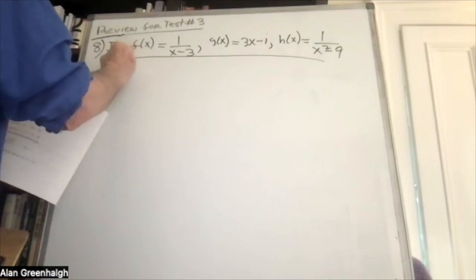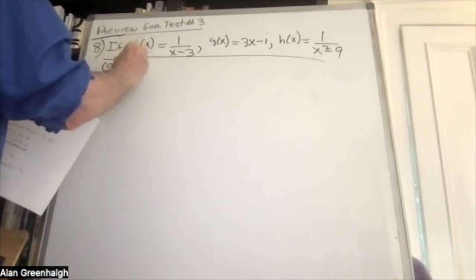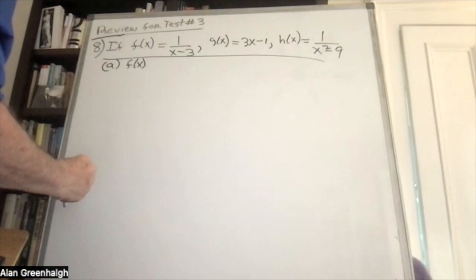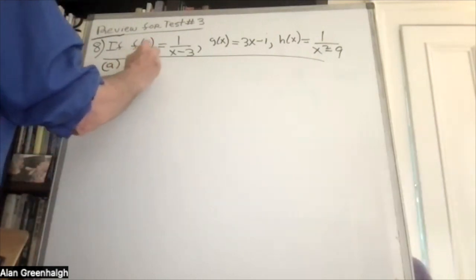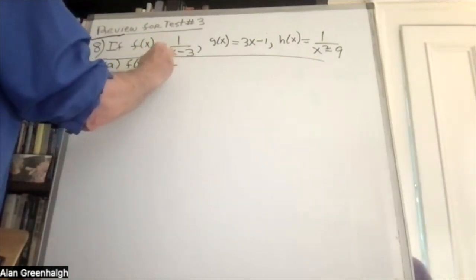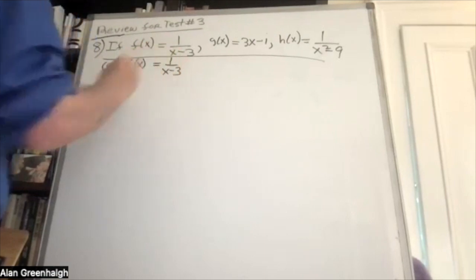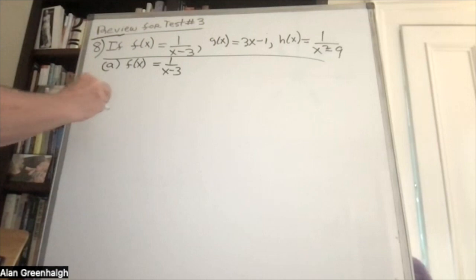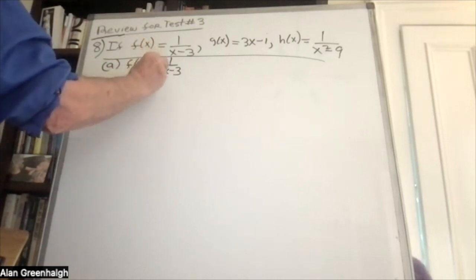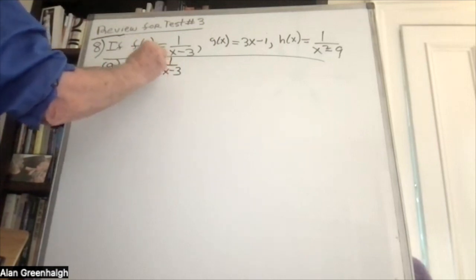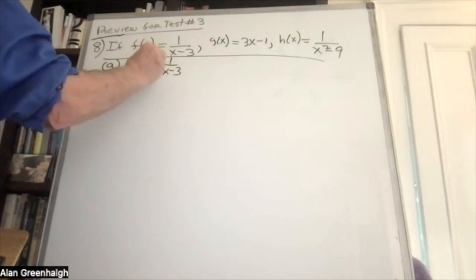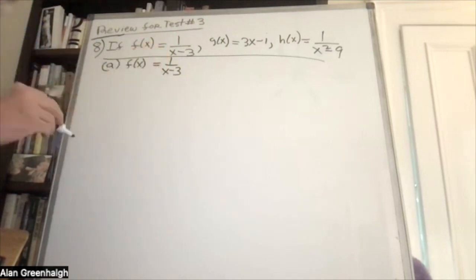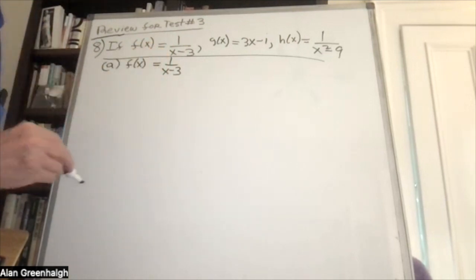Find the domain of f of x. Okay. So f of x is 1 over x minus 3. And we want to find the domain. That means we want to know when we can actually put a value of x into this denominator so that it's not equal to 0.